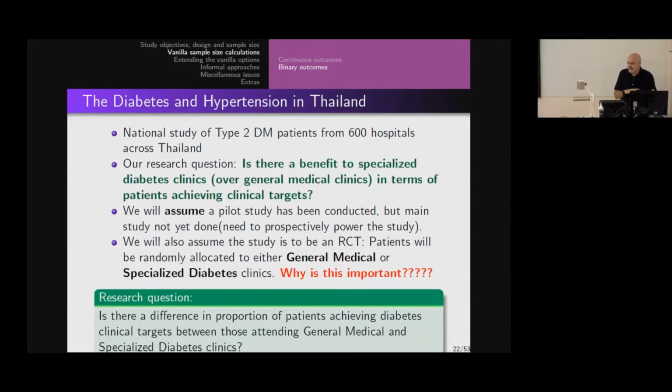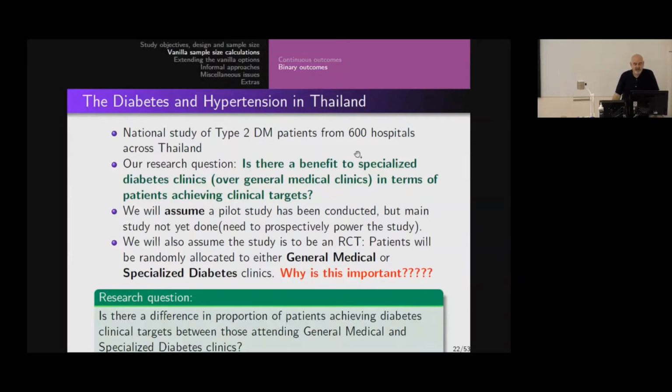They were resourced in a slightly different way, tailored specifically for people with diabetes. Okay, and are these clinics better than general medical outpatient clinics in terms of patients achieving clinical targets, okay?